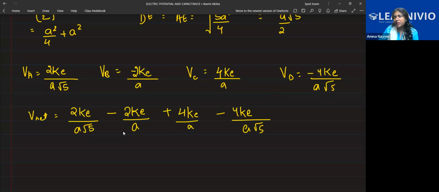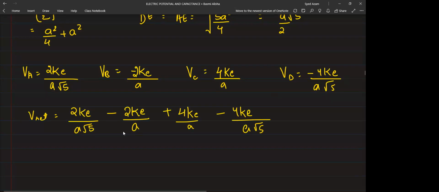Okay. So this will be equal to, let's take 2KE by A common. 2KE by A is there everywhere. So from here we'll be left with 1 by root 5.